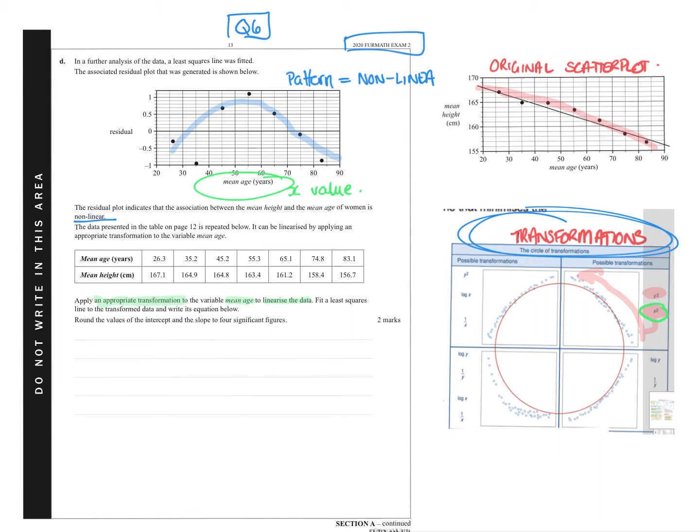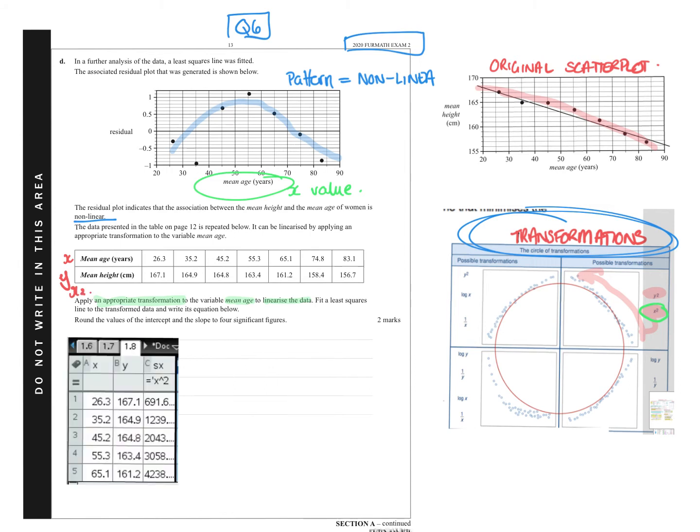All right, so what you've got to do is go into your calculator, get your two lists, and pop your two lists in. This would be x and this would be y, and then you need to create a transform list of x squared. So I'll go do that on the calc.